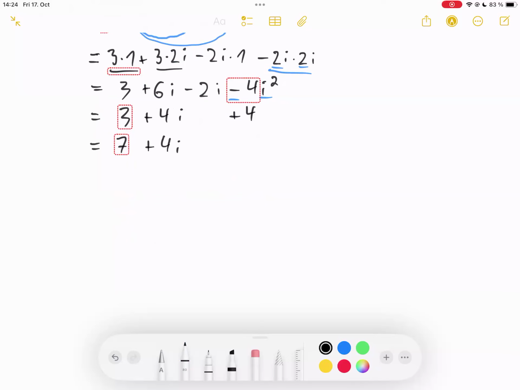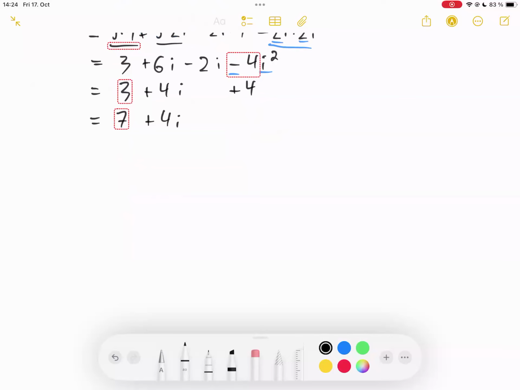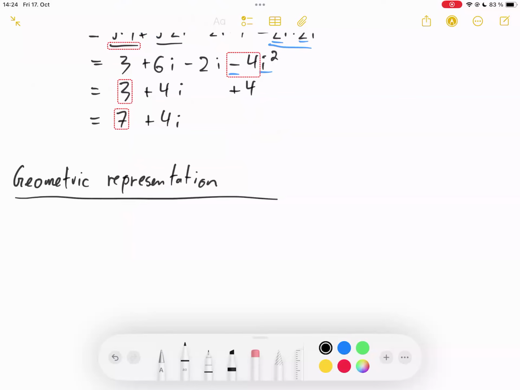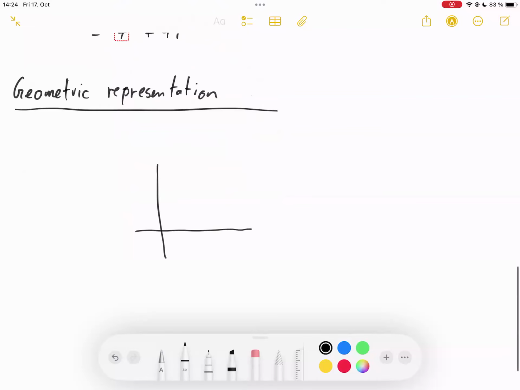Now, we can have complex numbers, and we can also try to interpret them from a geometric representation. Let's look at an example. So, geometric representation. We have two axes: the real part as well as the imaginary part.